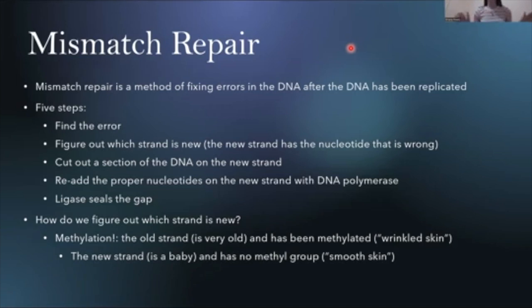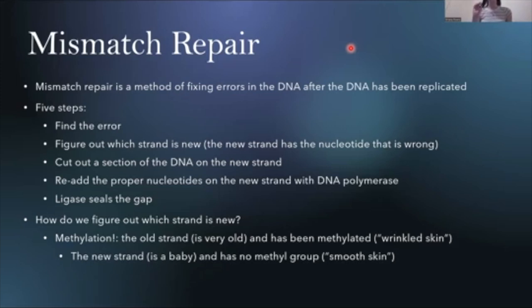On your old strand, it's very old, it's been very heavily methylated, there are a lot of methyl groups, it has a lot of wrinkles. Your new strand is a baby, and so it has smooth skin, it hasn't gotten any wrinkles yet, it hasn't gotten any methyl groups yet. So what your mismatch repair complex can do is, once it finds the error, it can look at each strand of the DNA and find the one with methyl groups.